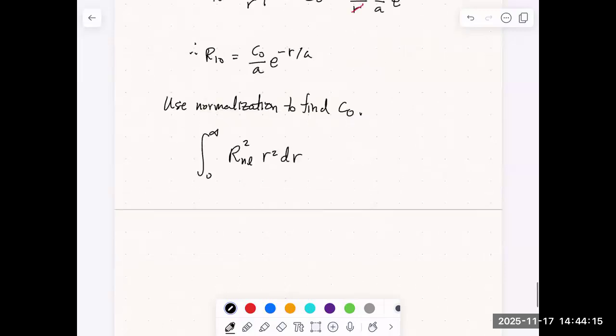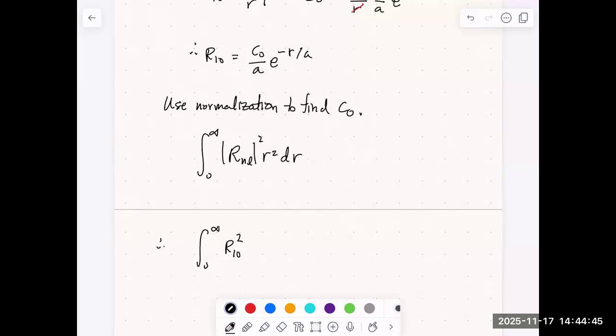So for our ground state, it's going to be R10 squared. Really, I should have done the absolute square, but a is some Bohr radius, it's just a bunch of constants, it's real, and r is real, so there are no complex quantities in here.